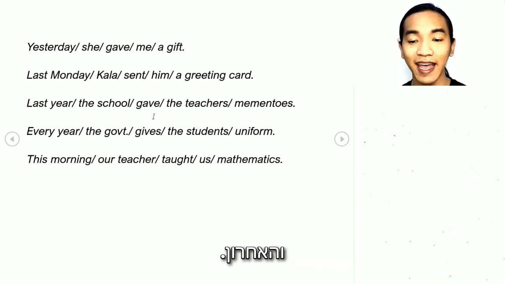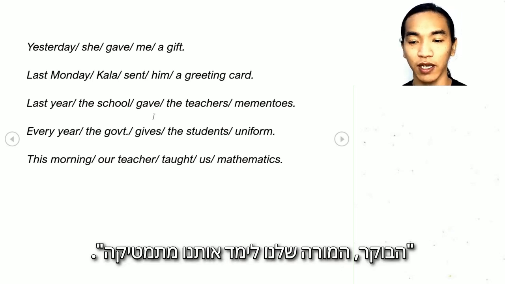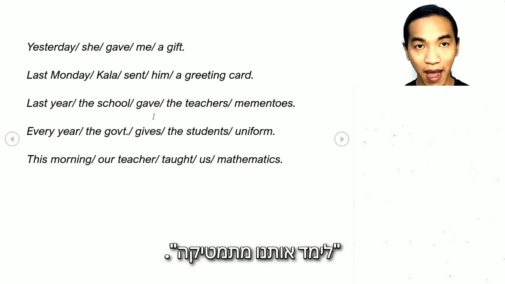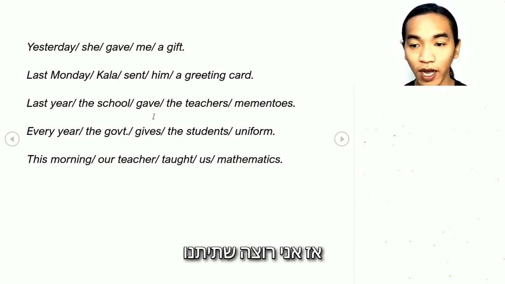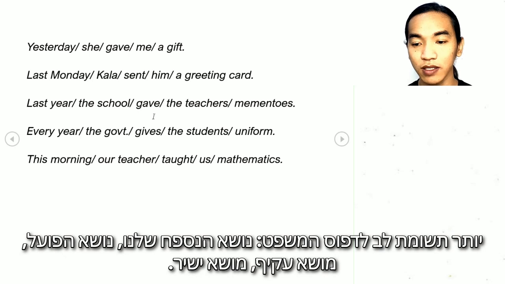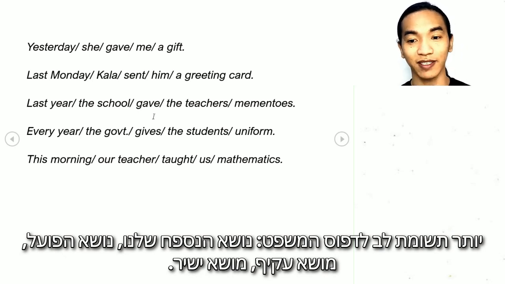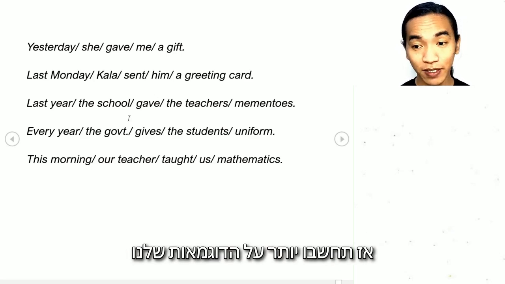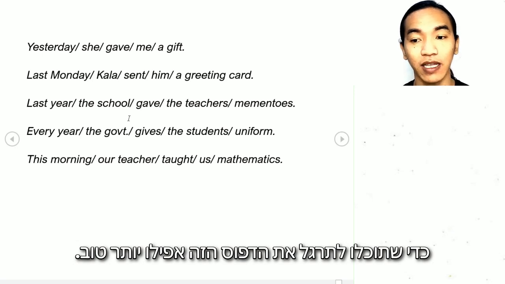All right, and the last one. This morning, our teacher taught us mathematics, or taught us math. Okay, so I want you to please pay more attention to our adjunct subject verb indirect object direct object sentence pattern. Okay, so think more of our examples so you can practice this pattern even better.